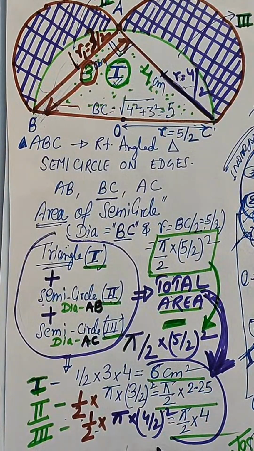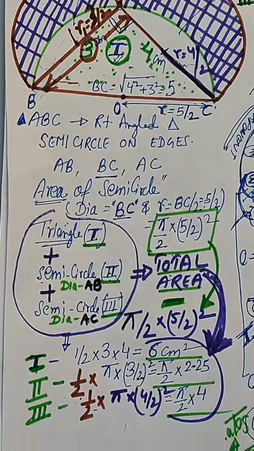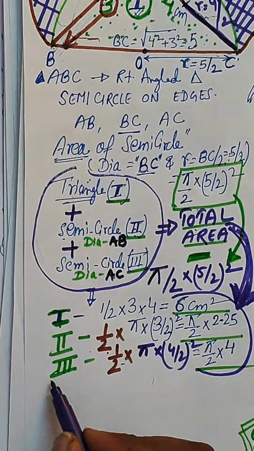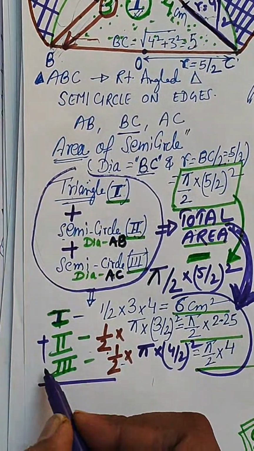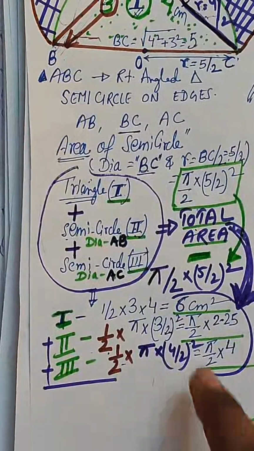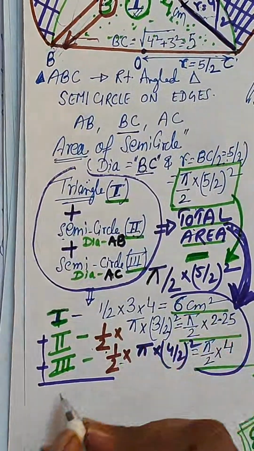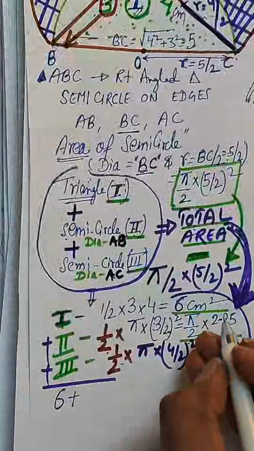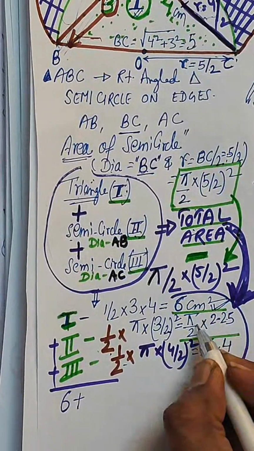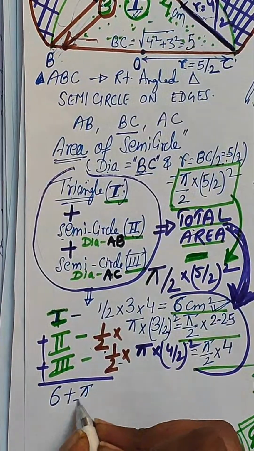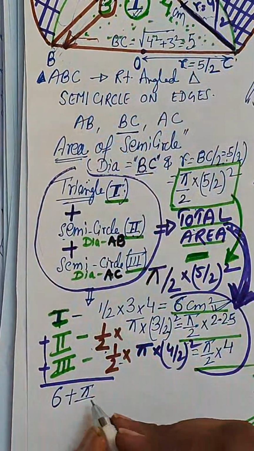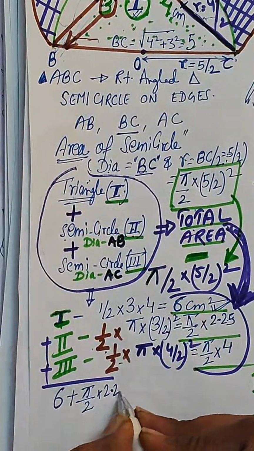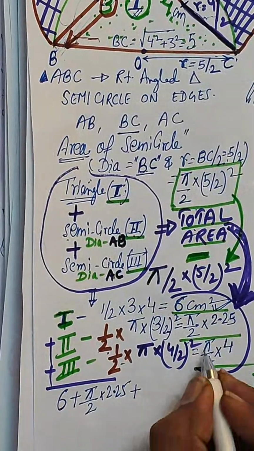Okay. So this will be coming as, I'm just shifting a little more. Okay. Now when you add area number 1, 2, 3, just add it, right? Then you will get this 6, the area of the triangle, this 6 plus the second area and third area, that means both the semicircles' area, that is pi by 2 into 2.25 plus pi by 2 into 4.